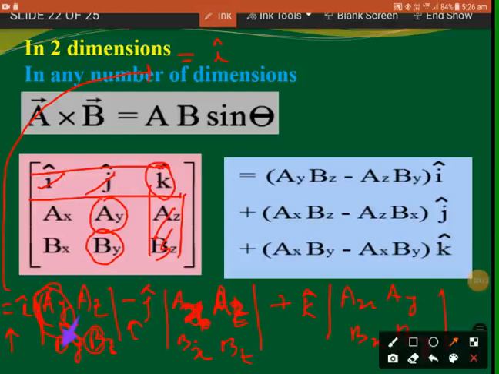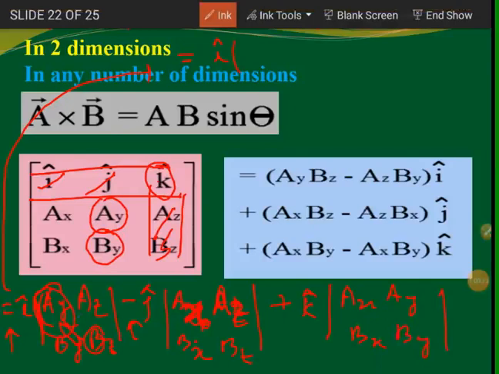So it will be equal to what? AY BZ minus the product of AZ, this and this, I mean, AZ and BY.